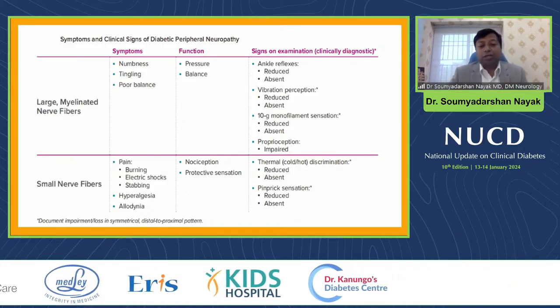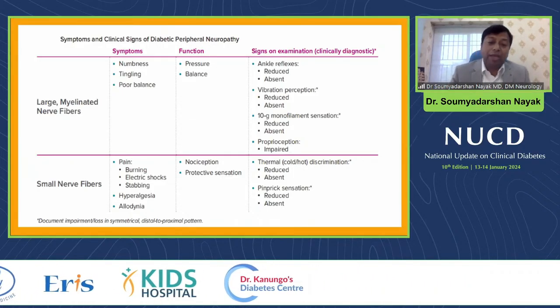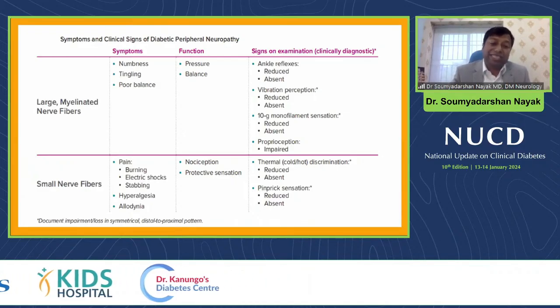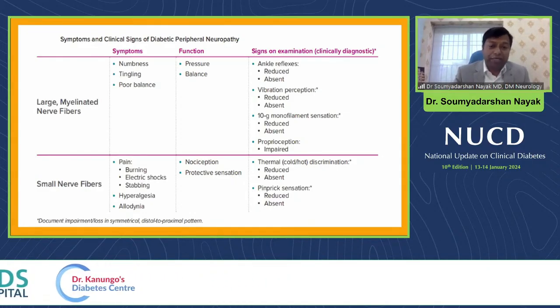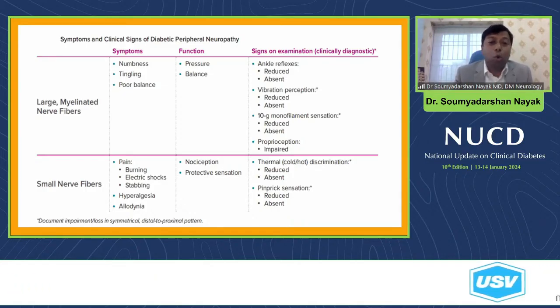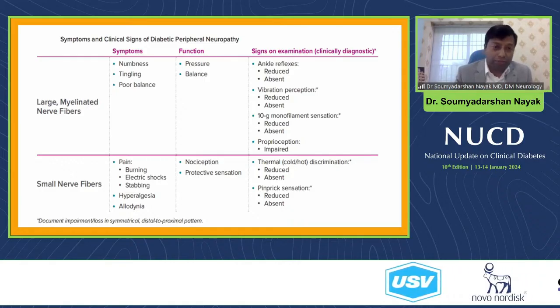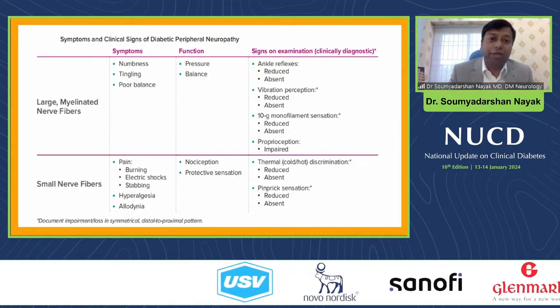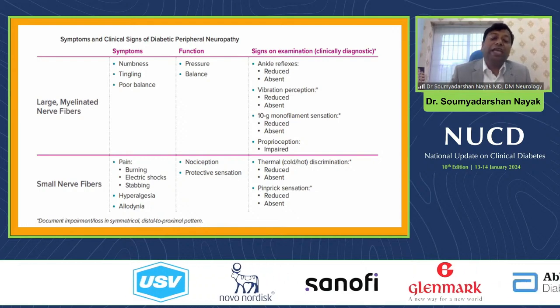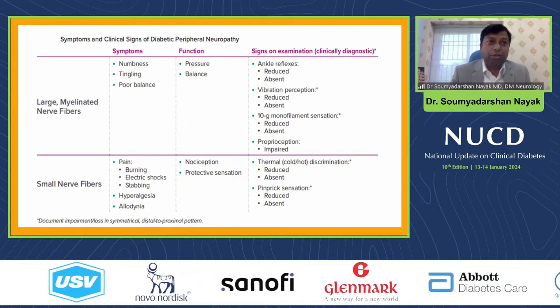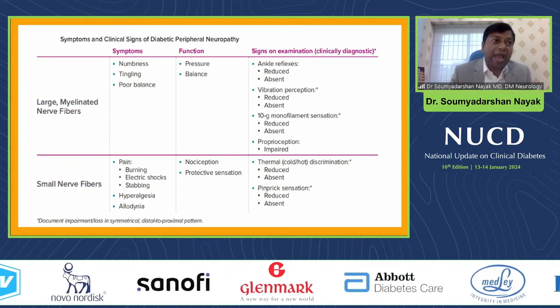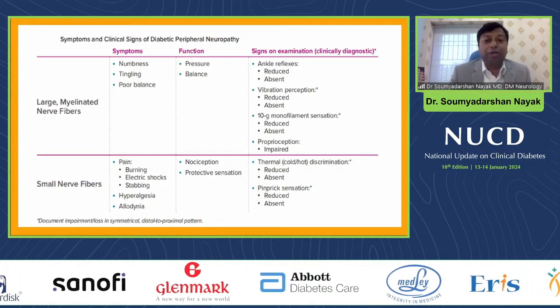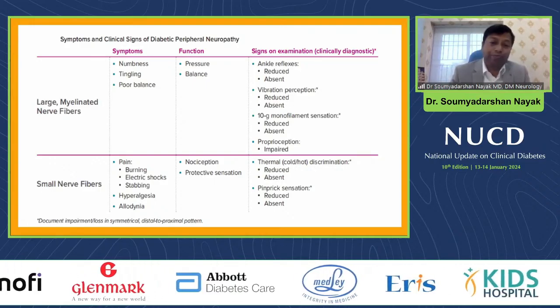The positive ones are burning, electric shocks, stabbing, hyperalgesia, and allodynia. The negative symptoms are numbness and cold or soreness. If the large fibers are involved, then we have poor balance, ataxia, and defective vibration and pressure sense.